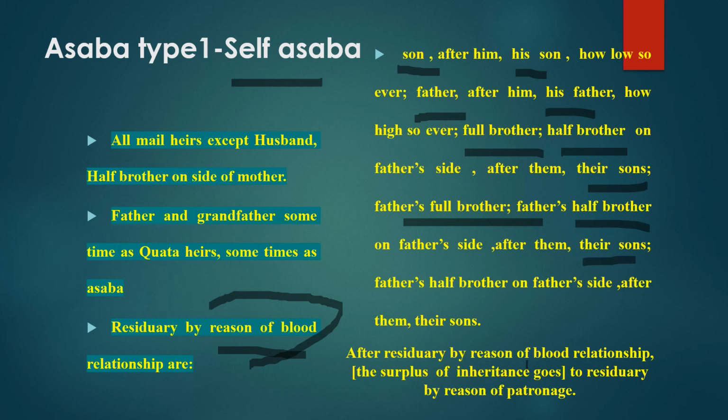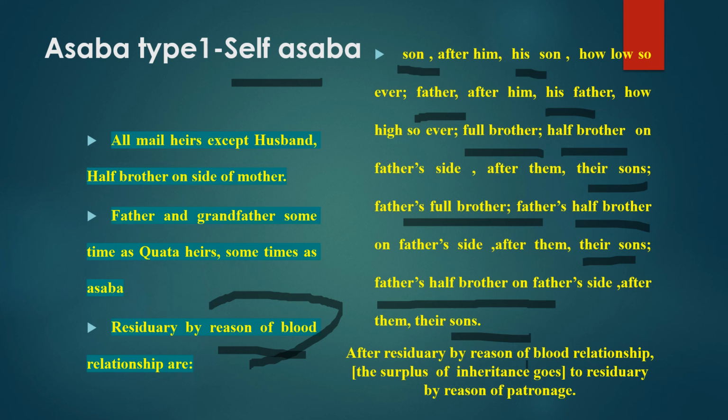After them their sons. These are the asabatum bin nafs, self asaba. By birth they are asaba. Subhanallah. It means after the heirs of fixed share take their shares, these people will inherit.